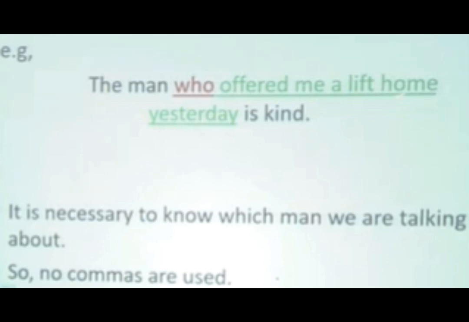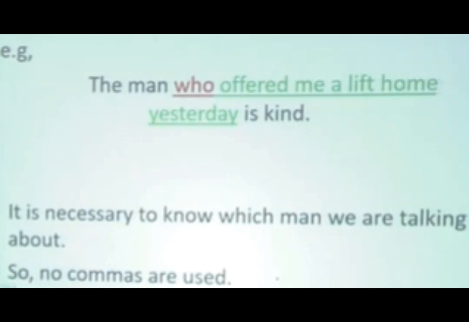So this clause is very important for my understanding, or for your understanding, to get which man I am talking about. It is necessary to know which man we are talking about, so no commas are used. Sometimes, as you are going to see with the other type, when it is not necessary, you can use a comma here and a comma here, and then you can even omit it.